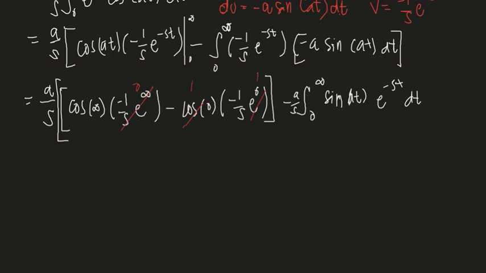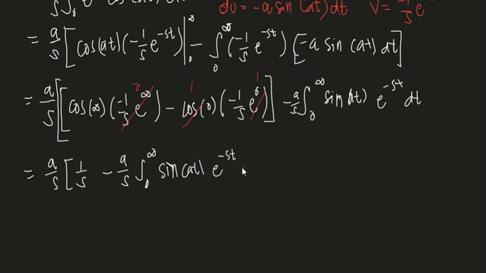So, copy ko ang a all over s multiplied by 1 all over s minus a all over s, then we have your integral from 0 to infinity of your sine at e raised to negative st dt.